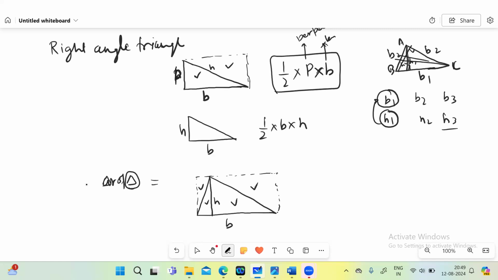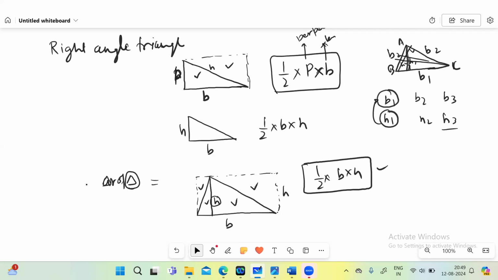The area of the rectangle is B into H, because this H is the height and the width also. So the area of the triangle will be half into base into height. So this is your formula for the area of a triangle.